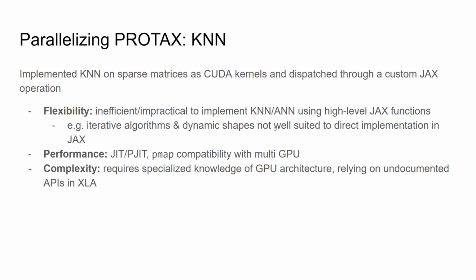And secondly, as a custom operation, this allows our entire stack to be written in JAX and allows for JIT and PMAP compatibility, which offers huge performance gains and compatibility with multi-GPU systems.